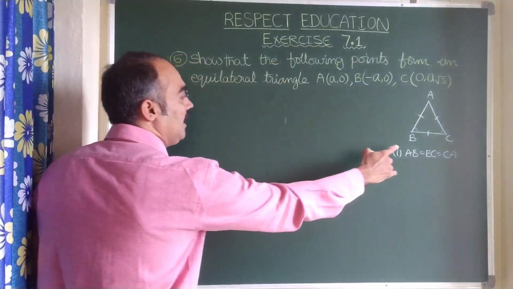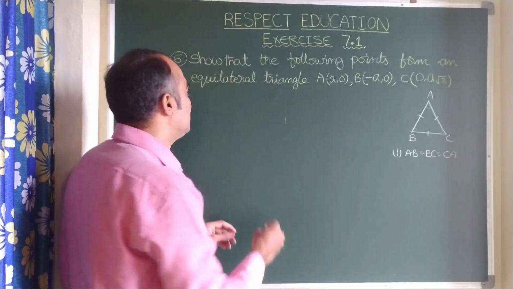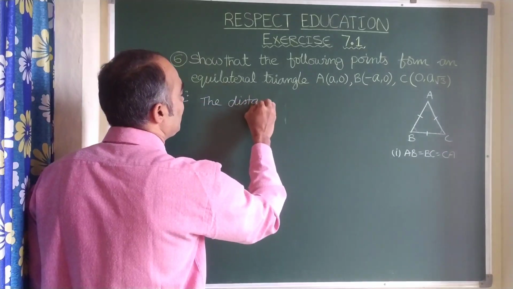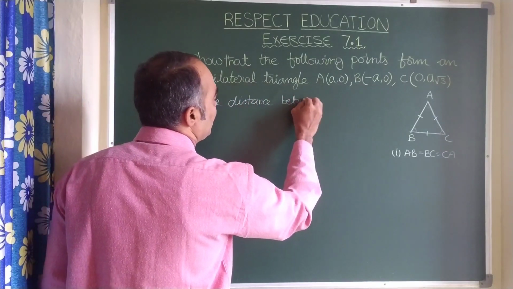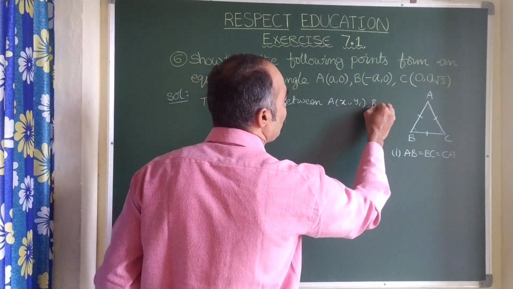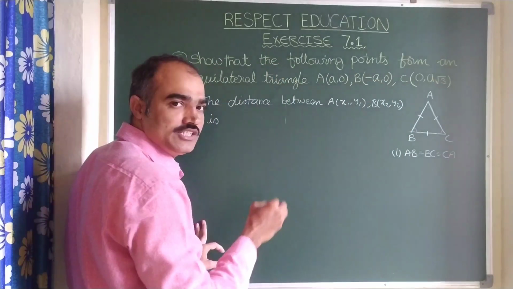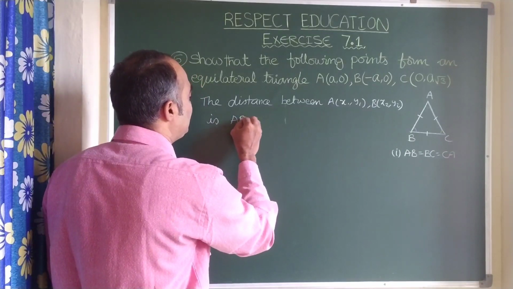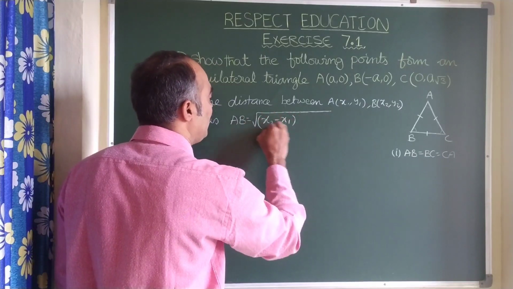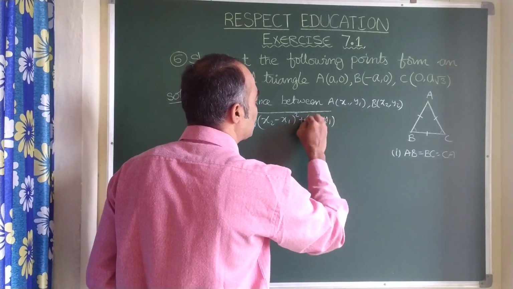So let us first find the value of AB, that is the distance between points A and B. Let us write the distance formula. The distance between A (x1, y1) and B (x2, y2) is, AB is equal to under root (x2 minus x1) whole square plus (y2 minus y1) whole square.